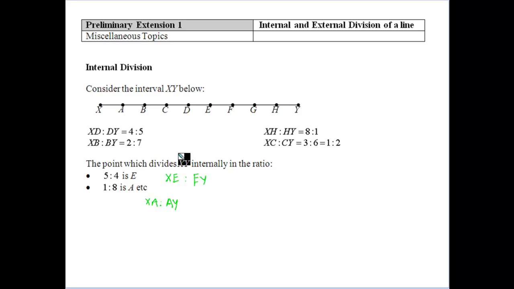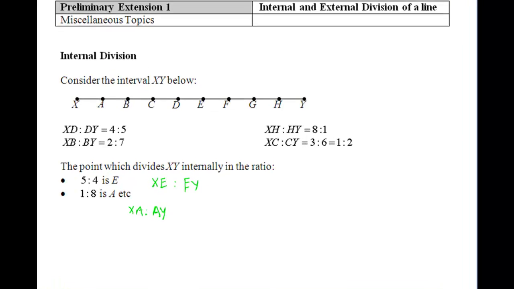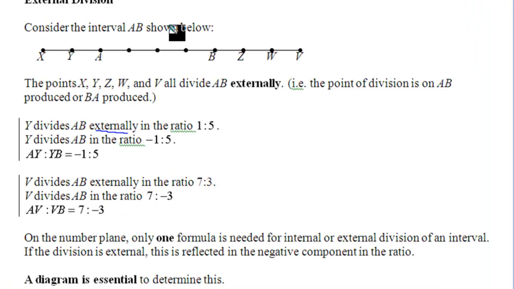So that's what we talk about when we're doing internal division of a line: splitting the interval at a ratio, and working out where those points are.